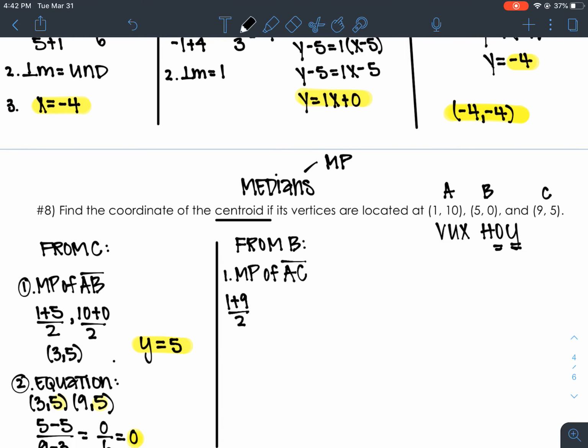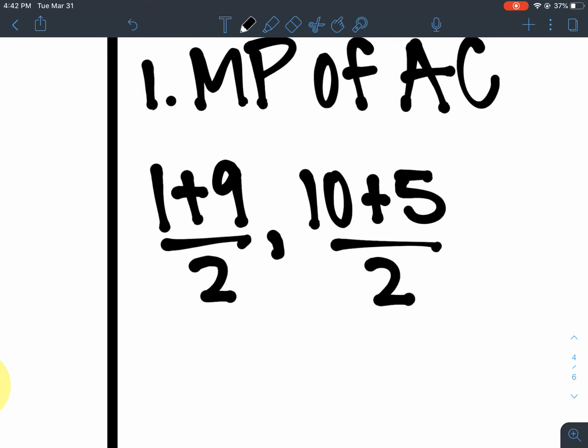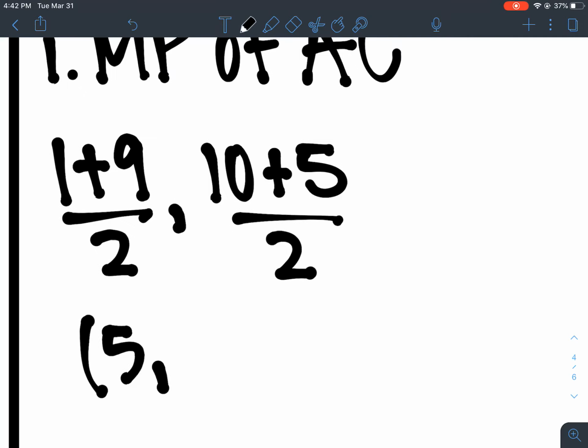And then I'm going to do 10 plus 5, divided by 2. And then 1 plus 9 is going to be 10 divided by 2, which is 5, comma, 10 plus 5 divided by 2 is going to be 7.5.